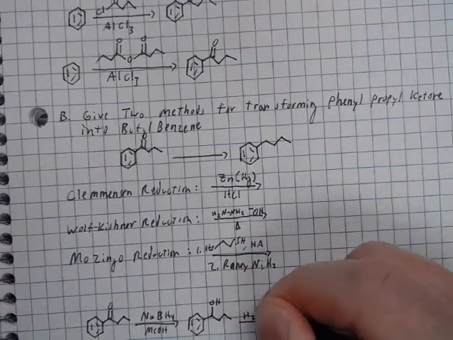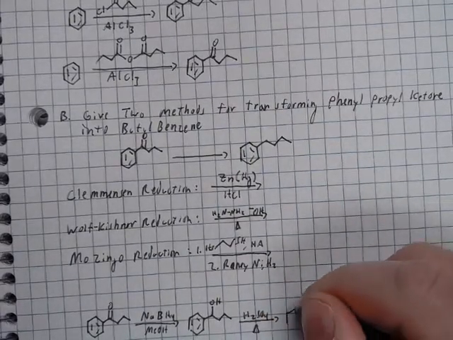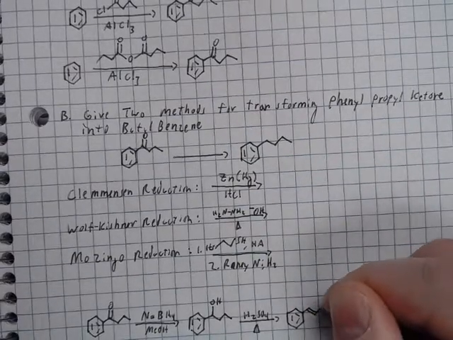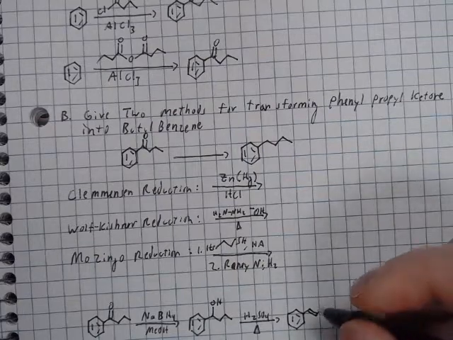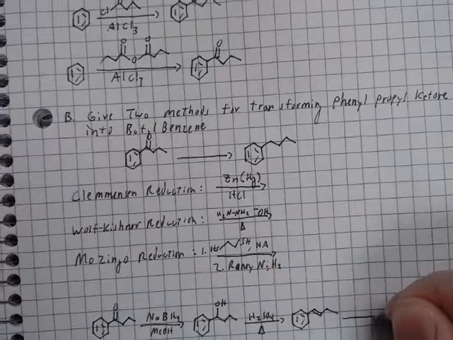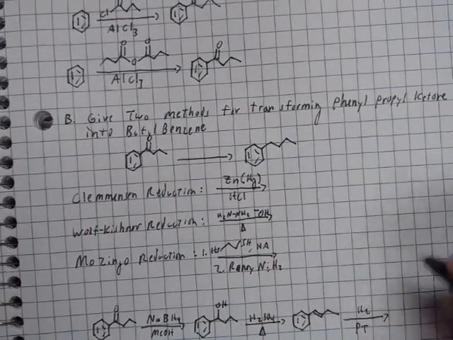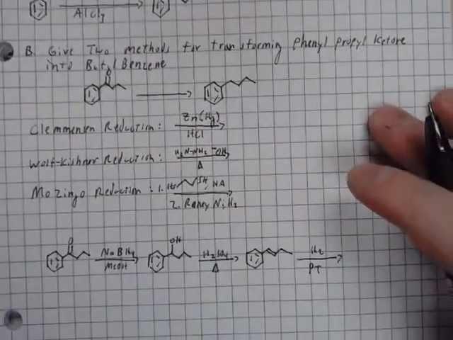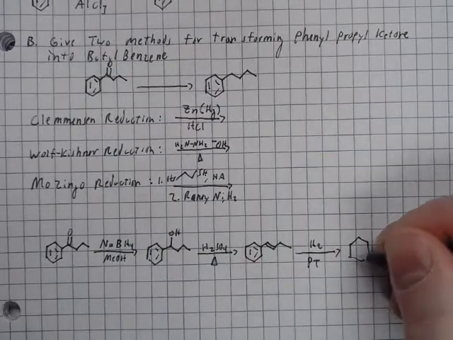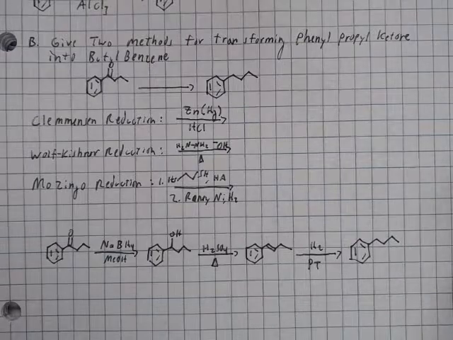Then concentrated sulfuric acid with heat. To dehydrate that alcohol, and then you can do catalytic hydrogenation, hydrogen gas on platinum, to convert that double bond to a single bond.